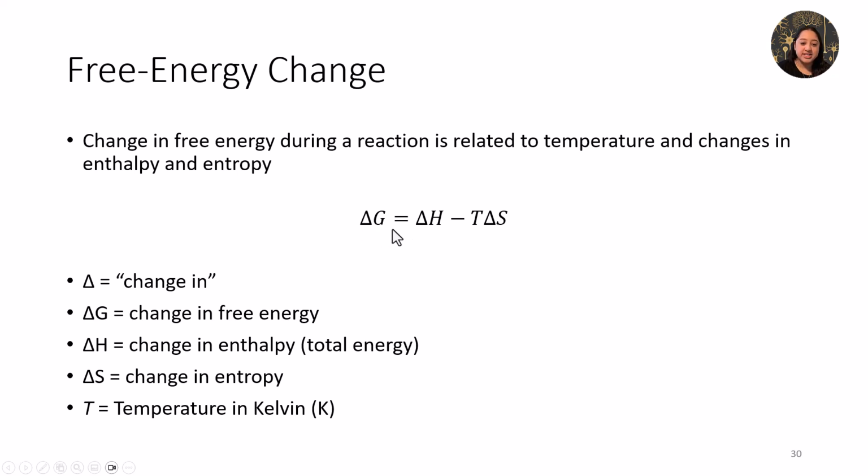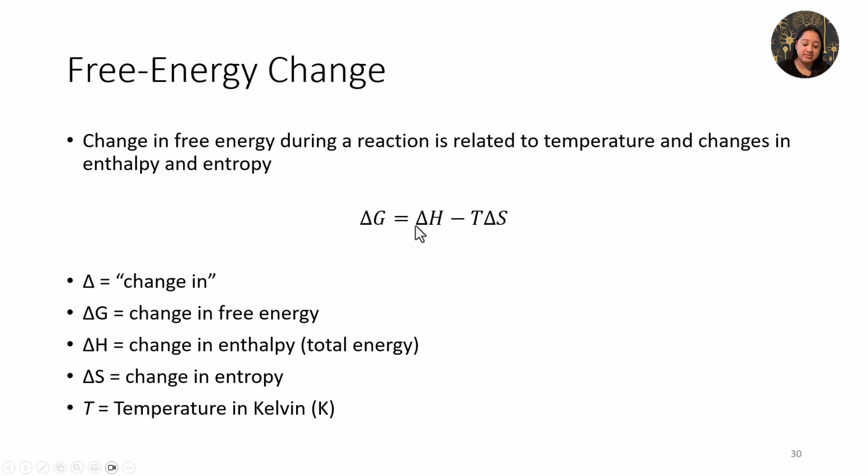And that is equal to the change in enthalpy, which is symbolized by the H. And that's the total energy, minus T delta S. So T stands for temperature in Kelvin. Delta S means change in entropy.